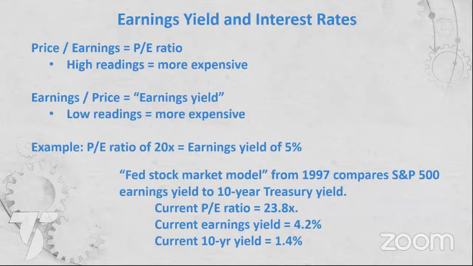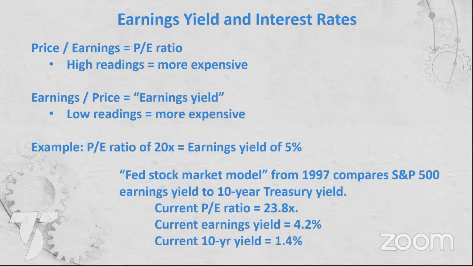And what they do is they compare. This goes back to a paper that the Fed did in 1997, and it compares the earnings yield of the S&P 500 to the 10-year Treasury yield. Right now, over the weekend, the 10-year Treasury yield was 1.4%. So based on that alone, it indicates that this market is not overvalued.